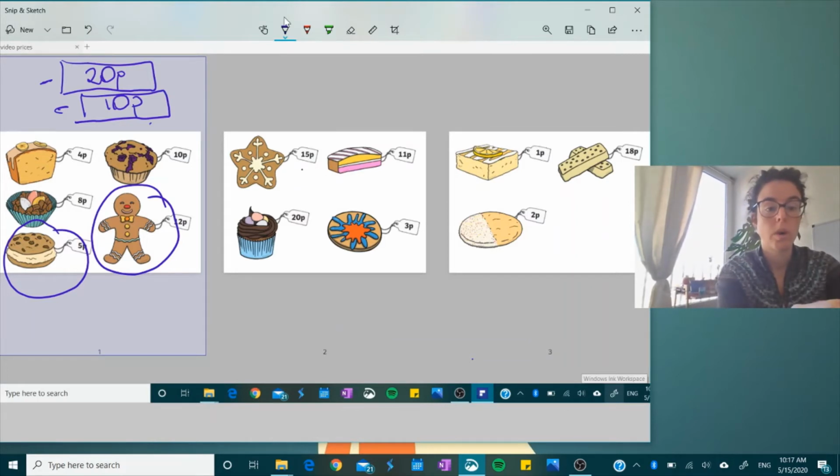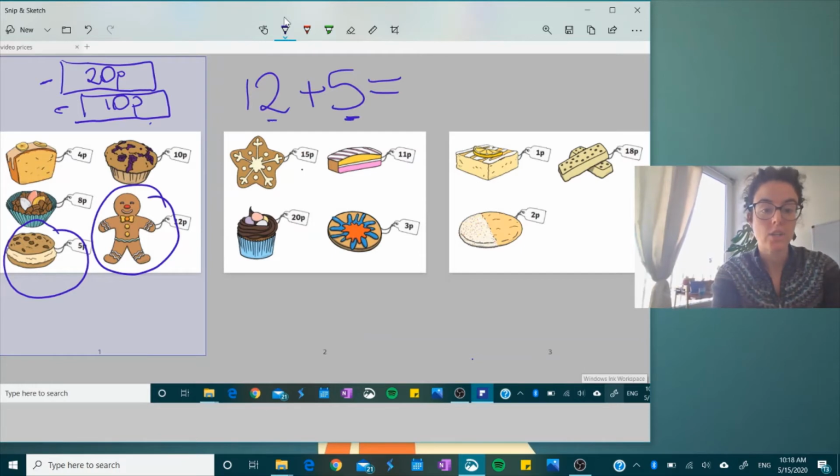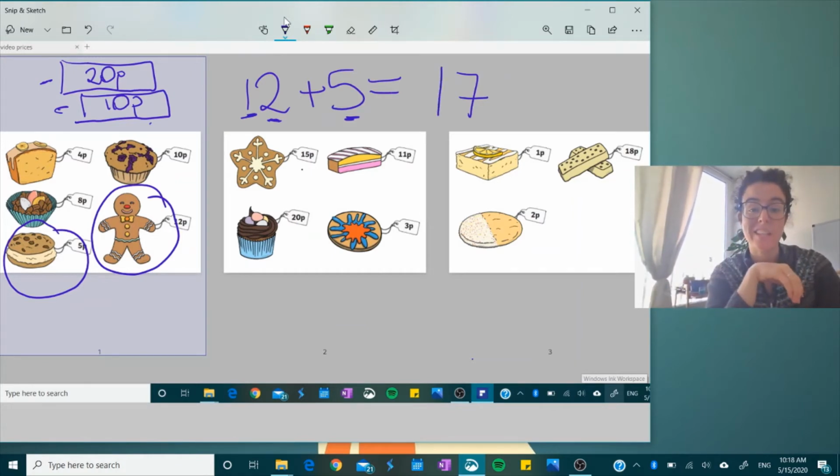So we're going to pay 12 plus 5. And what is 12 plus 5, everybody? We have a 5 and a 2 in the ones. So 5 plus 2 is 7. And then a 1 in the tens place. So 17 altogether. 17. Okay.